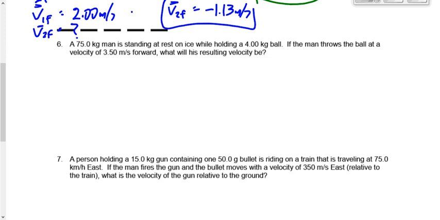The man is heavier than the ball, right? So the same force has a lesser effect on the man than it has on the ball. Does that make sense? The man has more inertia, right? More mass. It's harder to change his motion than it is to change the motion of the ball. So he's going to be going slower than 3.5. I don't know how much slower than 3.5, but we know it's going to be slower.